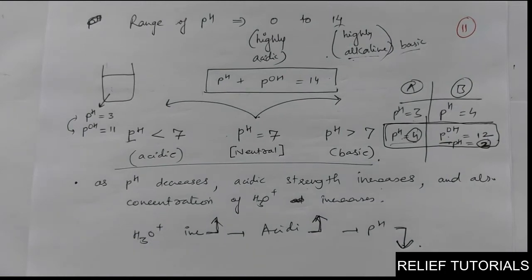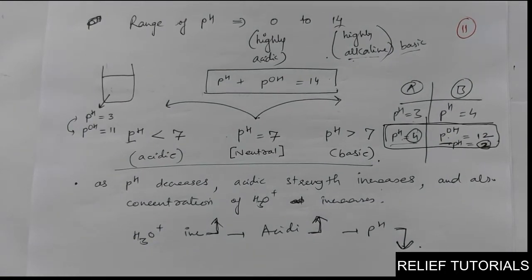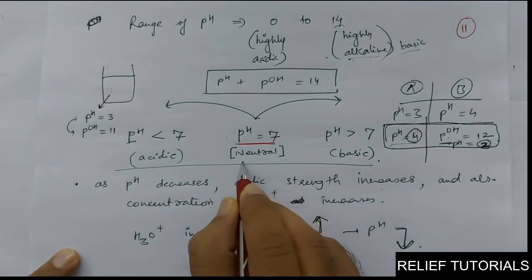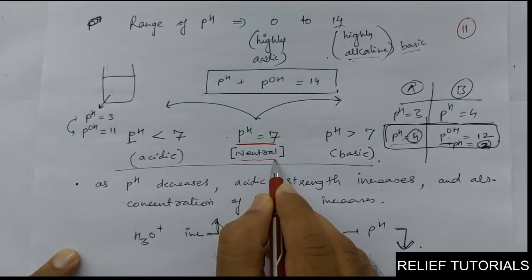In the previous sessions we have seen that the pH value of a solution determines the strength of acidity or basicity of the solution. If the pH value of a solution is 7, the solution is neutral.